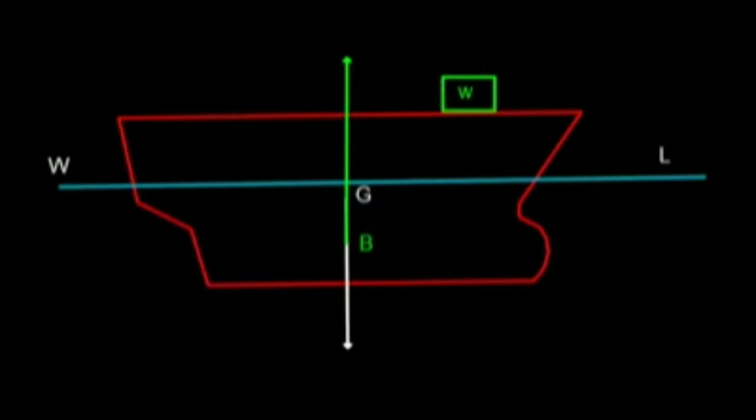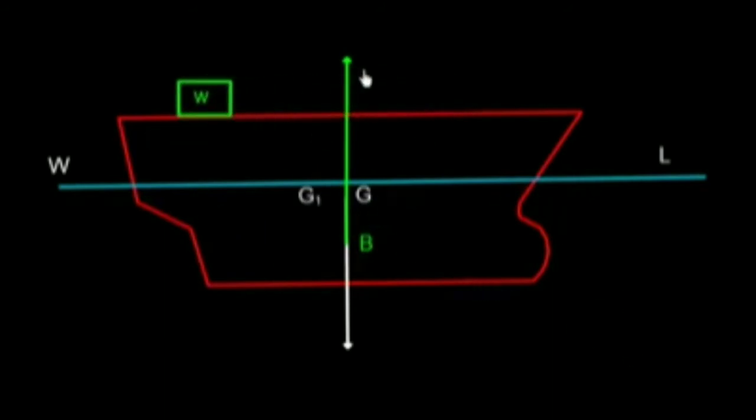Now assume that we have this W ton weight here, and we shift this weight from forward to aft like this. Now this small w, this weight is shifted from forward to aft like this.